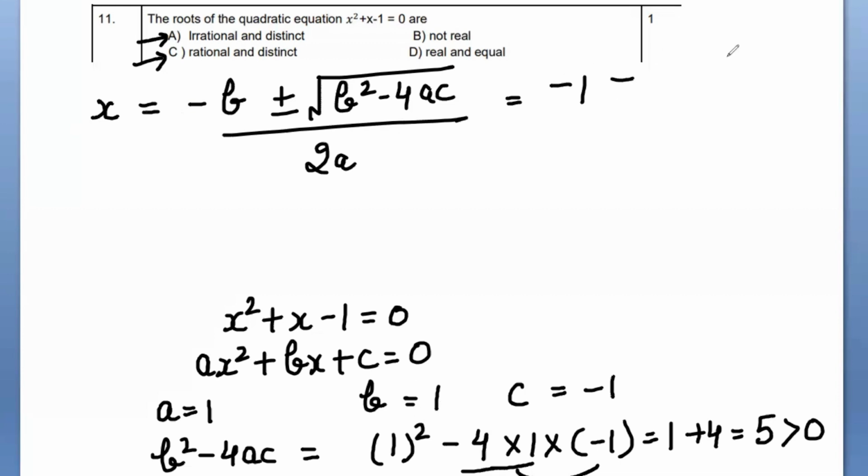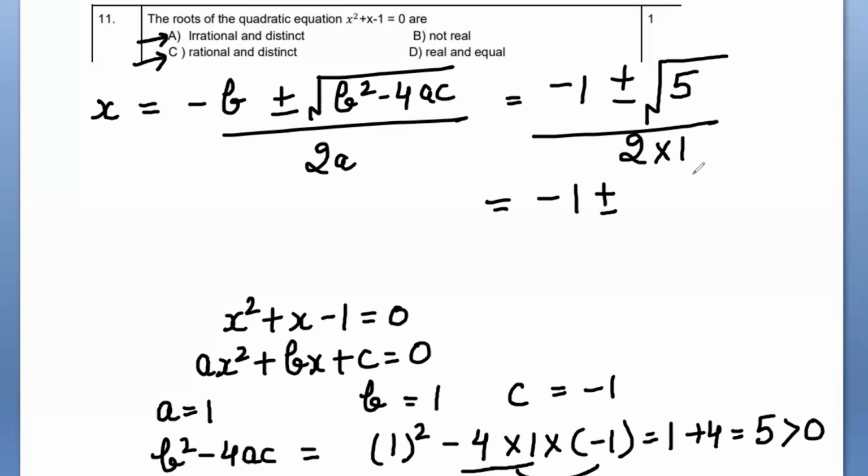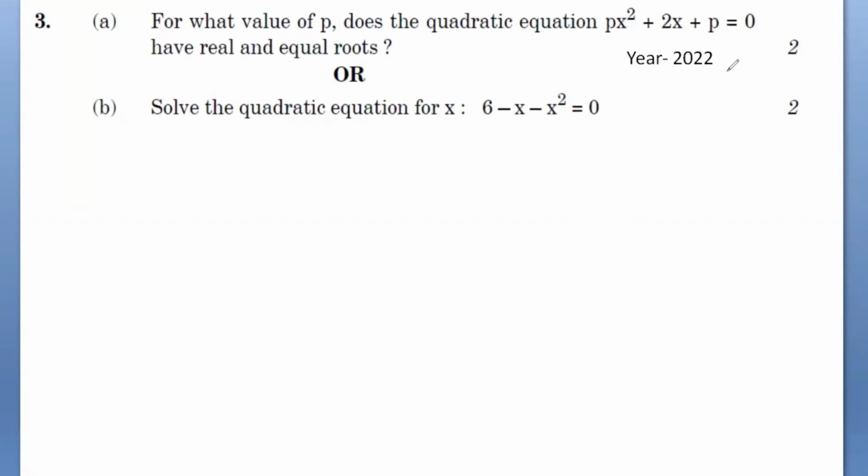Plus minus root of b square minus 4ac, which we already calculated as 5, divided by 2 times a, where a is 1. So the roots are minus 1 plus minus root 5 over 2. You already know that root 5 is an irrational number, so the roots are irrational and distinct. The question is taken from the examination paper of year 2022.